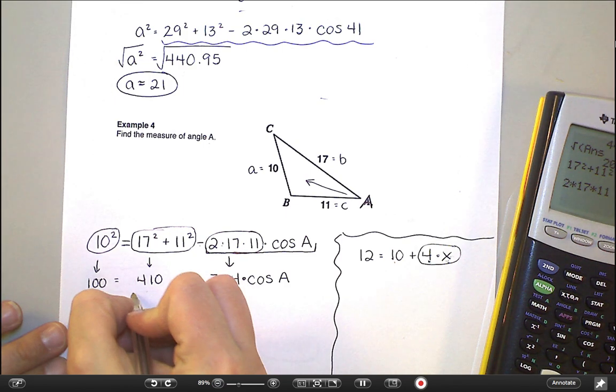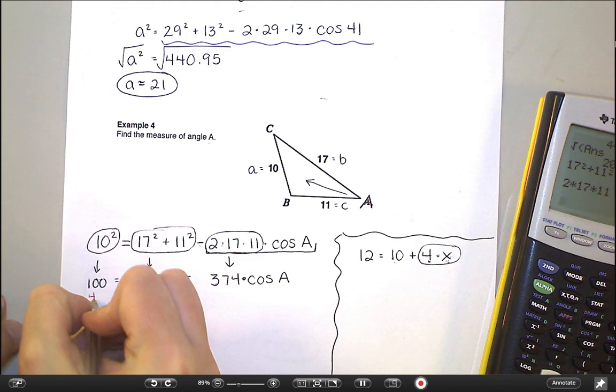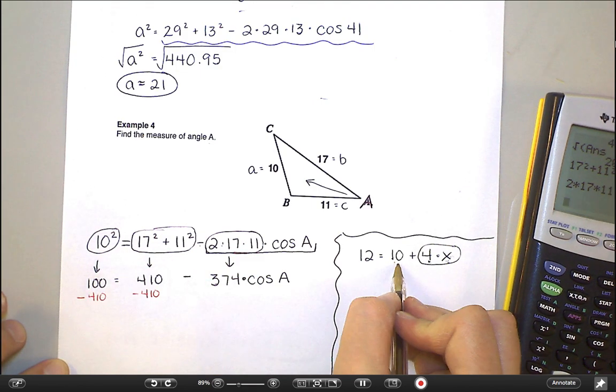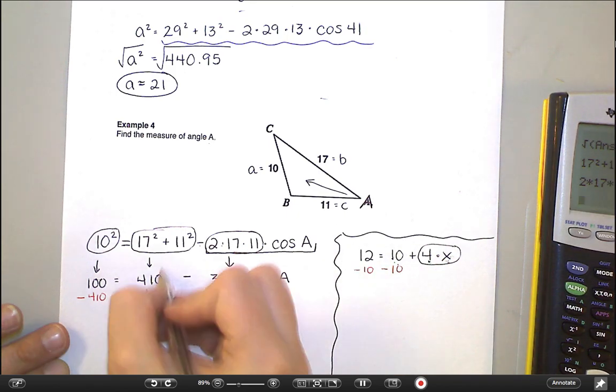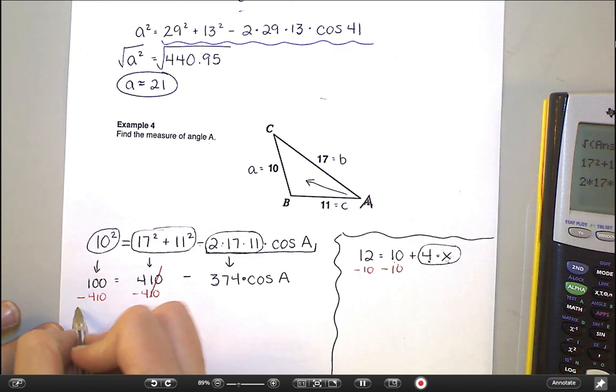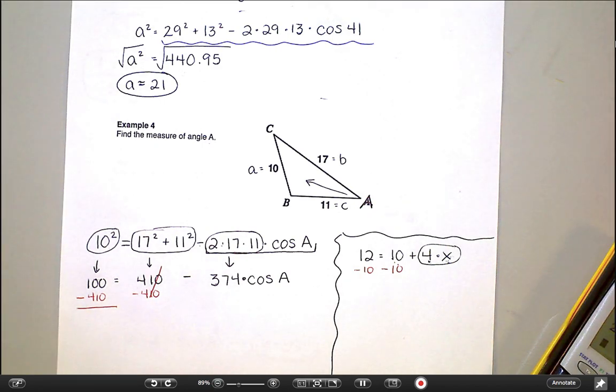I'm going to subtract this 410, which, by the way, is the same thing you would do here. You would have started this by doing minus 10. So subtract the 410, and now I get, let's see, I believe that's negative 310, but I always mix up negatives, yeah.